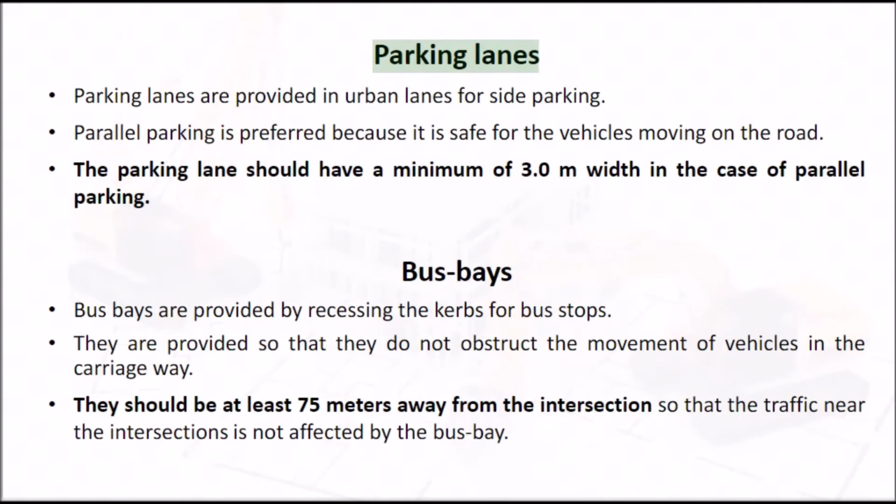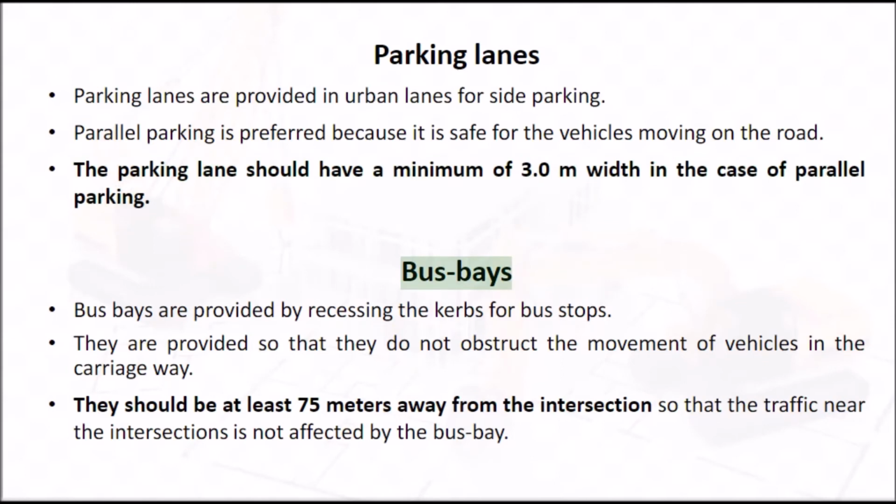Parking lanes. Parking lanes are provided in urban areas for side parking. Parallel parking is preferred because it is safe for the vehicles moving on the road. The parking lane should have a minimum of 3.0 m width in the case of parallel parking.